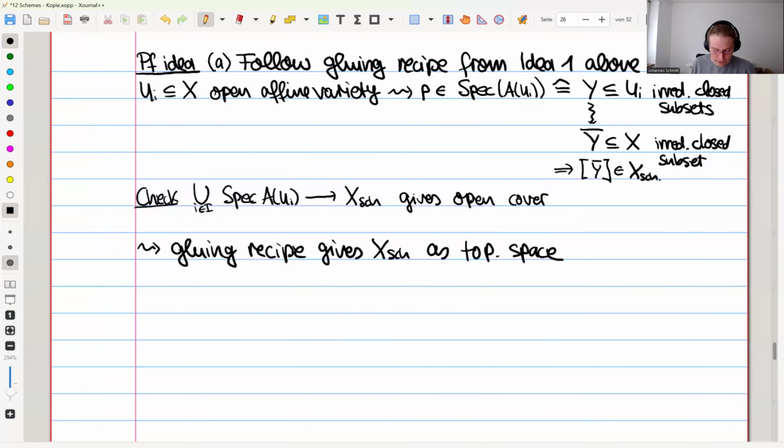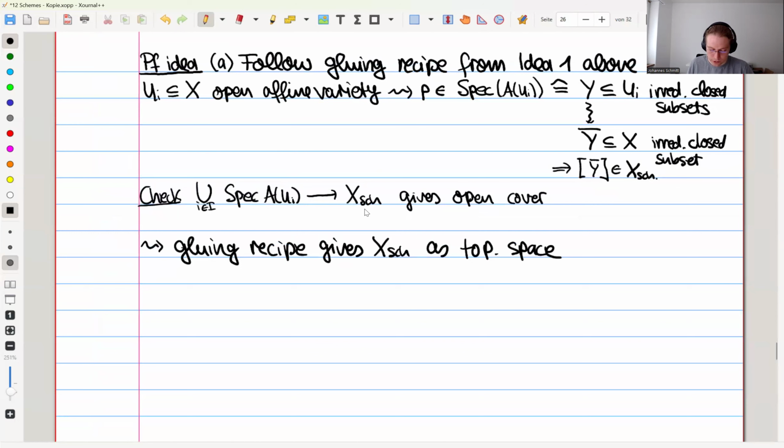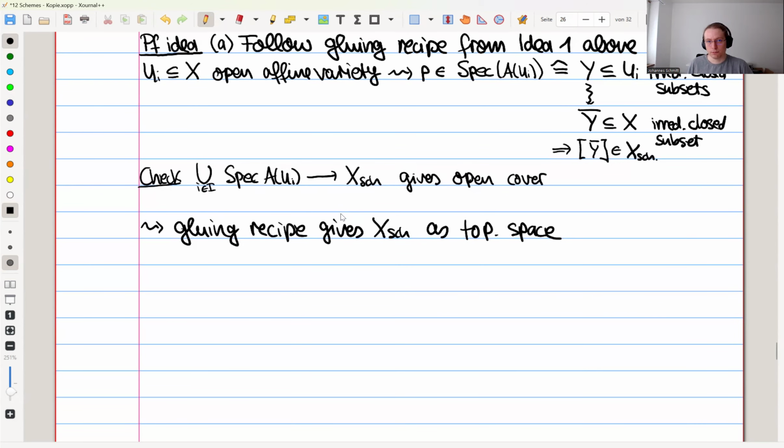So this shows then, once you check this, that this is an open cover on the level of topological things, and you can get this by gluing. And then the only thing you need to check is that this is also an open cover on the level of ring spaces.